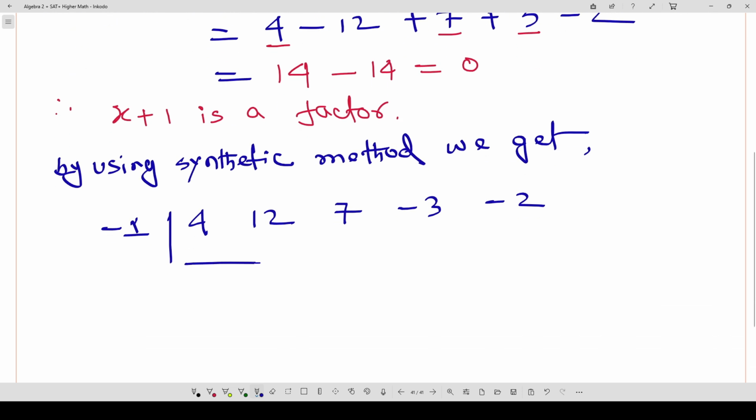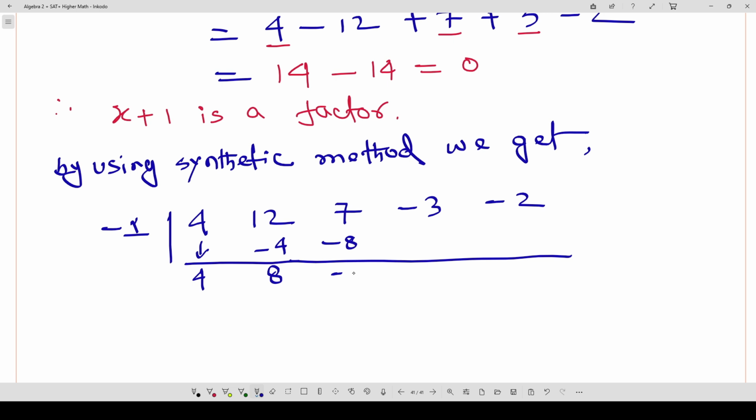So we have to write like this way. This 4 comes here. It's a 4. So minus 1 times 4, it's a minus 4. So 12 minus 4 is a 8. Right? Minus 1 times 8 is a minus 8.